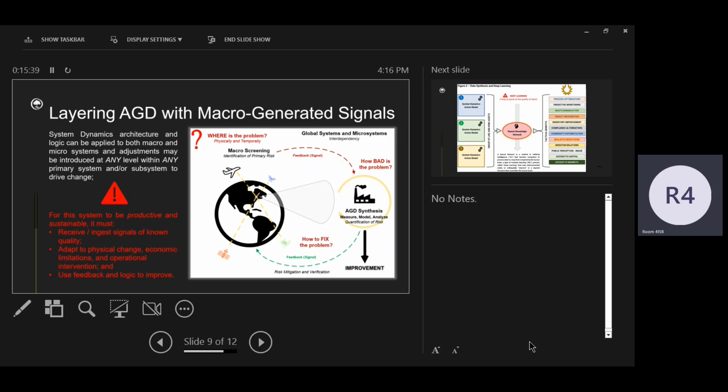So if you take the system dynamic approach and start layering the asset grade data with the macro generated signals, you create a feedback loop or an action loop, using any number of these macro view instruments. Where is the problem physically and temporally? That's a challenge with any of these instruments because you're not getting continuous revisitation.